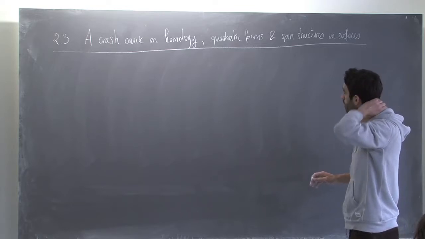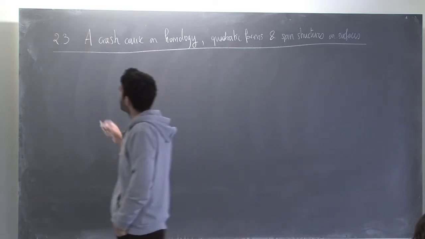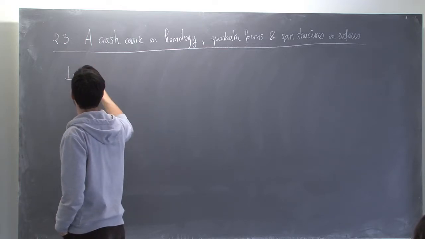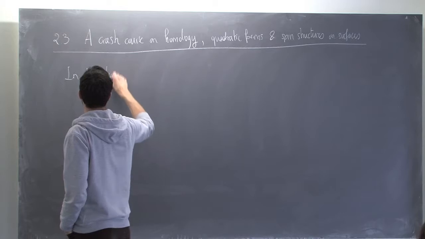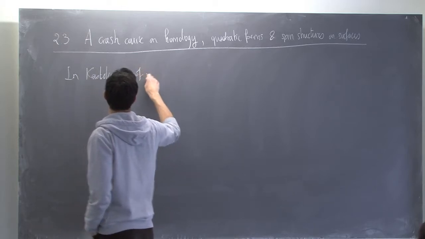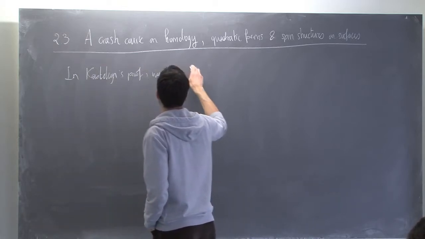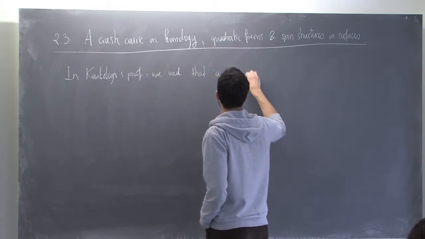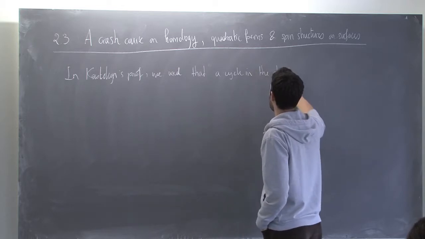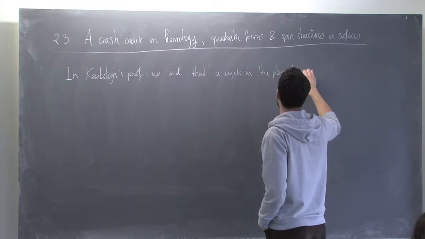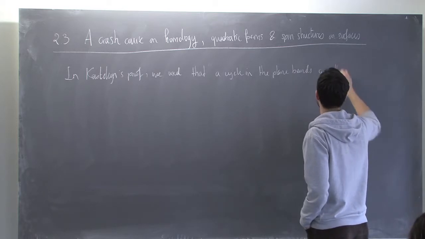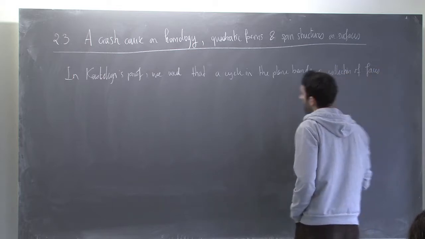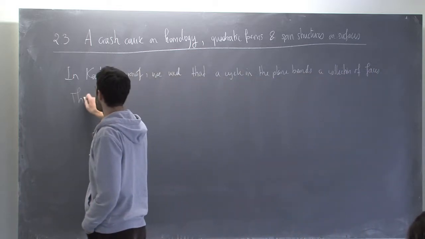So again, in Kasteleyn's proof, we used the fact that a cycle in the plane bounds a collection of faces. This is not true anymore for surfaces.